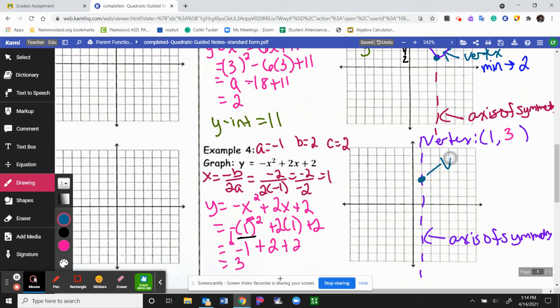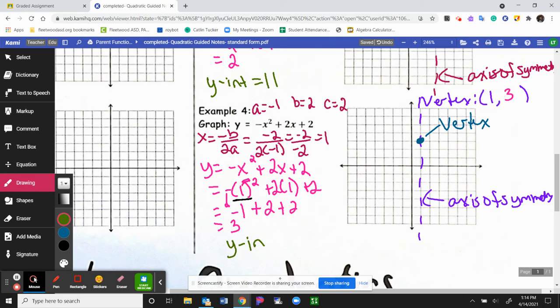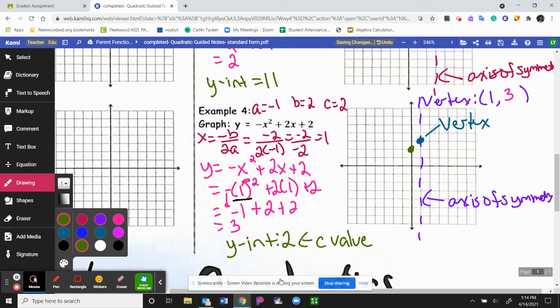All right, so I have here a vertex. And then we have a y-intercept of 2, because that is our c value. So I can put my y-intercept of 2. Now, this might look a little bit different than the last one, and that is because we have something very interesting going on here.